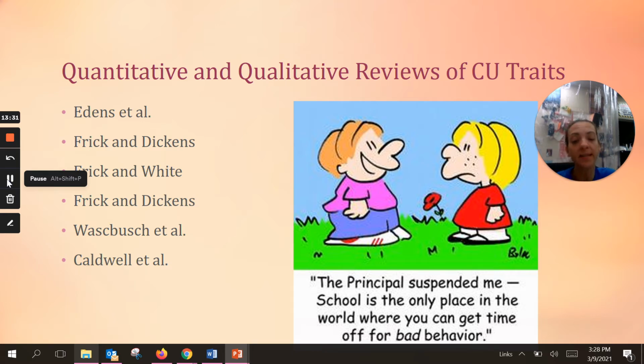Frick and Dickens did a study where they looked at 5 studies, and they showed that children with CU traits were associated with poorer treatment outcomes. Clinic-referred boys with conduct problems and CU traits were less responsive to parenting interventions with boys. The groups with and without CU traits responded to intervention that focused on teaching parents methods of using positive reinforcement to encourage pro-social behavior.